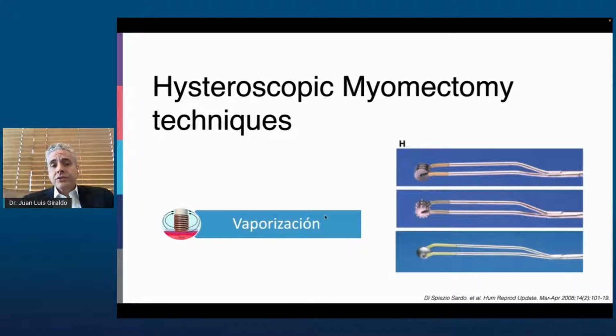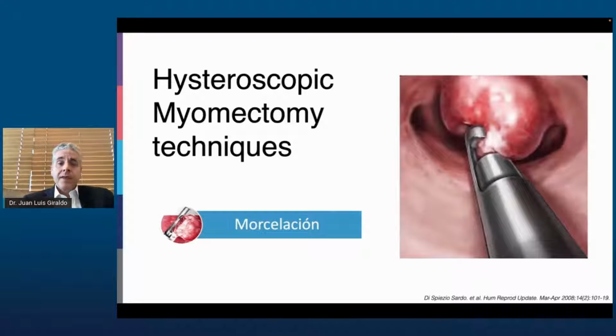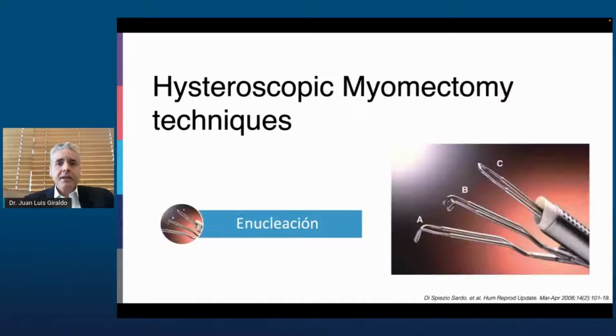The second way would be to do a vaporization, not a resection, but a destruction of the tissue with high power energy. The third way to do it is morcellation of the fibroids. We all here have heard about the Bigatti morcellator or MyoSure morcellator. That's an instrument that has high cost, that is not available in many institutions, unfortunately, but that's a possibility.